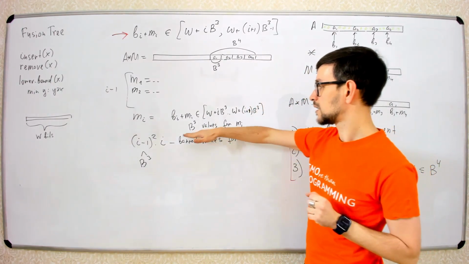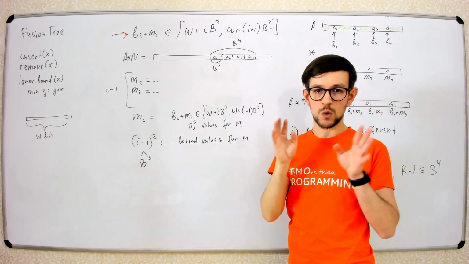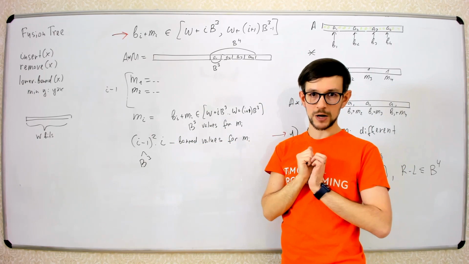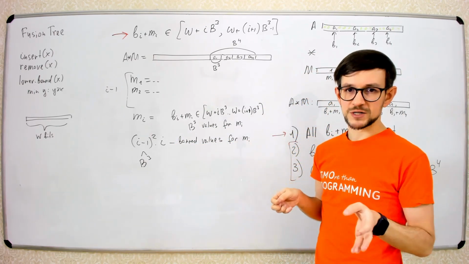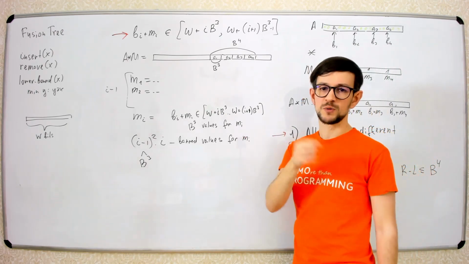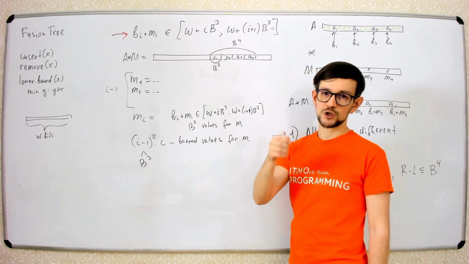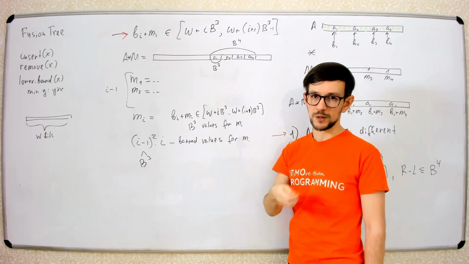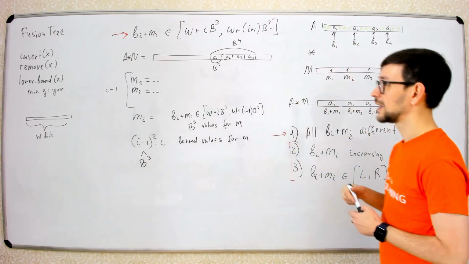So we have this number of total values and a smaller number of unusable values. So there is at least one possible value for mi. Again, we don't need to pick it fast. We can do it slow. We can just check all possible values of m, find the good value, then move to the next one. Again, check all possible values, find a good one, and so on. It's slow, but it still can be done.